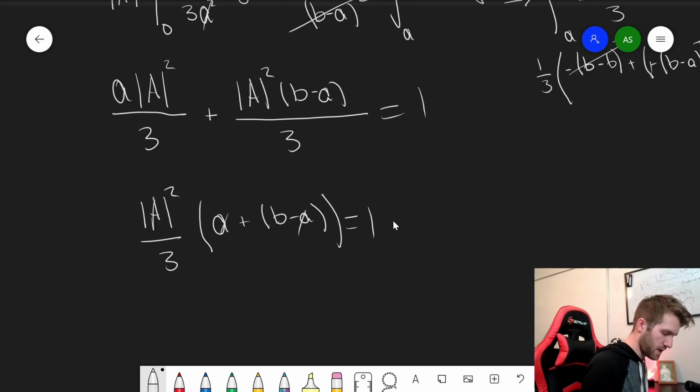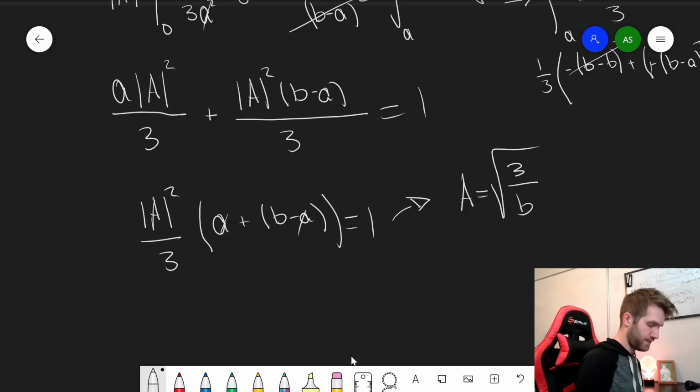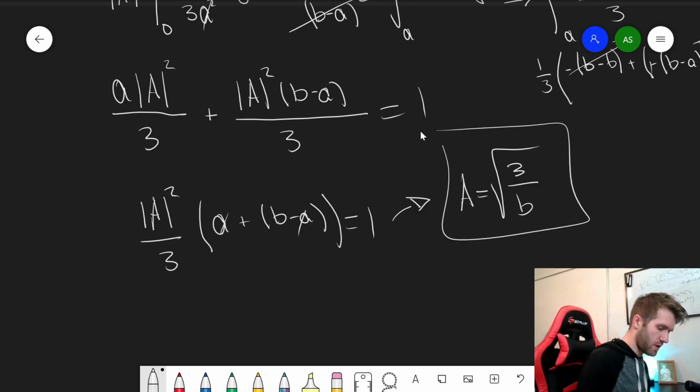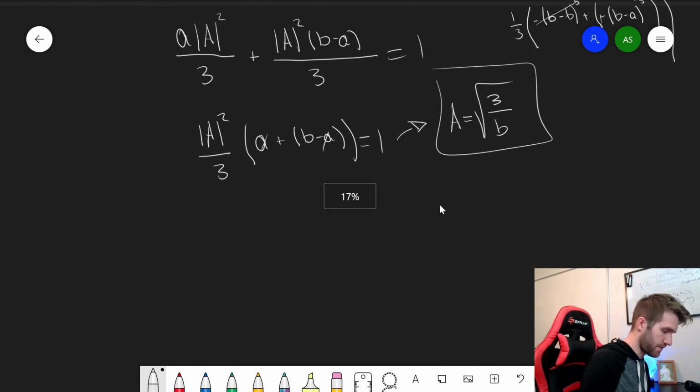So what we end up getting for our normalization constant, a, is going to be equal to 3 over b to the 1/2, so the square root of 3 over b. So there we go. That is the value for our normalization constant.